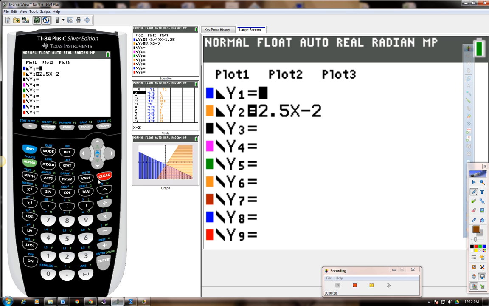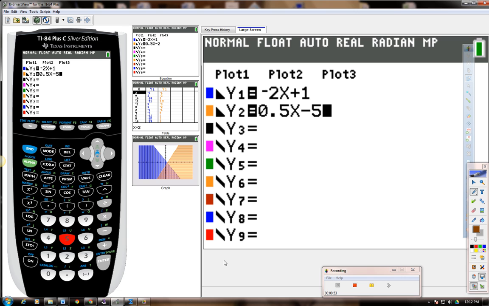The ones that I gave you are a little easier. Negative 2x plus 1. And then you're going to have 1/2 x. Now, you can enter 1/2 x in as 0.5, or you could put it in as a fraction. If you put it in as a fraction, what do you have to use?